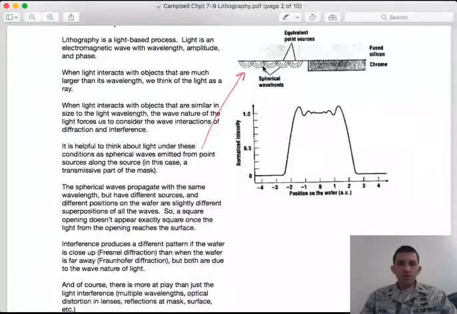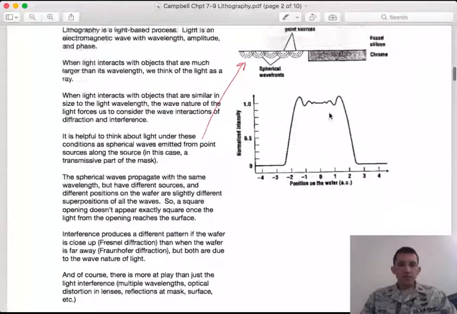And as the light propagates out from these point sources in these spherical wavefronts, at some distance, all of these spherical wavefronts are going to interfere with one another to yield a pattern of maximum and minimum.